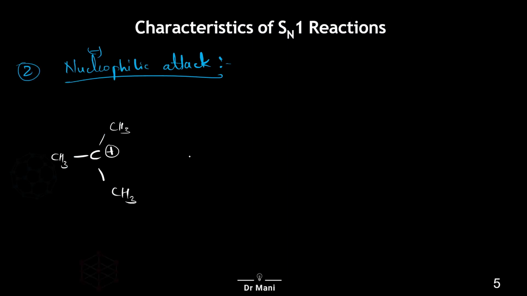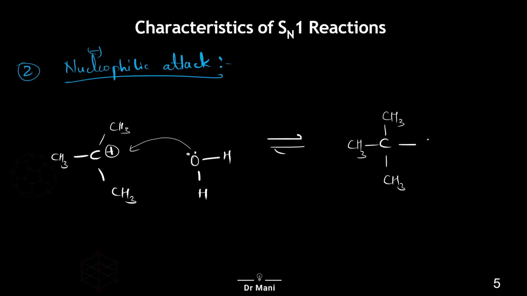So this is the positive charge, and this oxygen will go and attack here. When it attacks, it forms an intermediate molecule where the oxygen now has the positive charge.